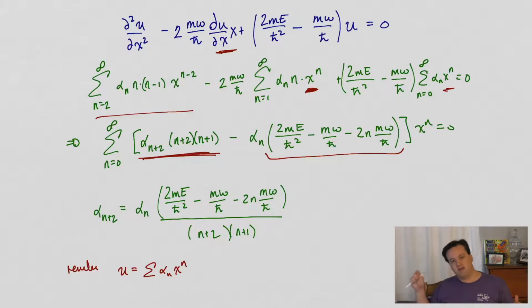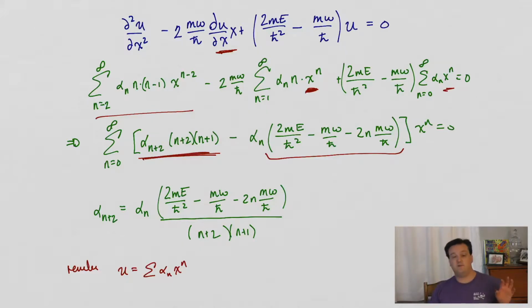Now I have a relationship where inside these hard brackets is something that gets multiplied by every x to the n, which is eventually going to have to be equal to 0 to solve my differential equation. This looks a little bit crappy, but it's actually not so bad. In order for this sum to vanish, every single term in that sum is going to have to vanish.